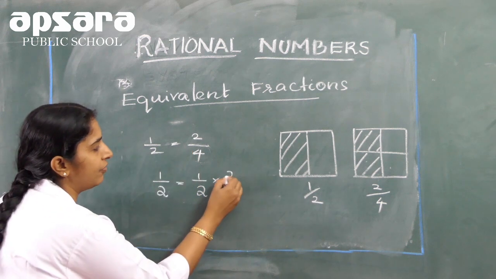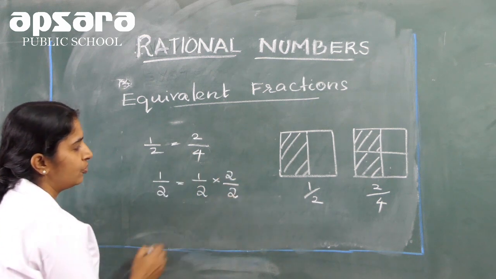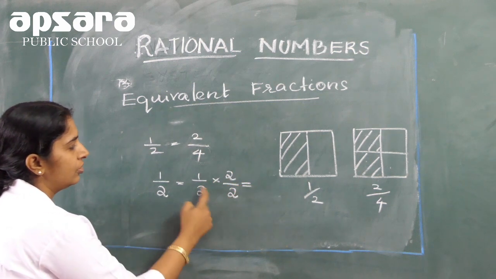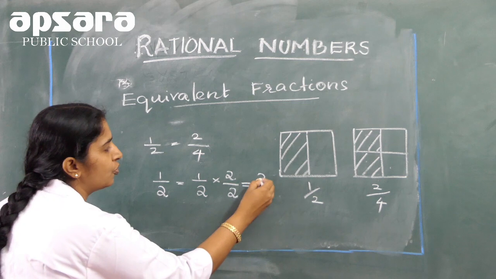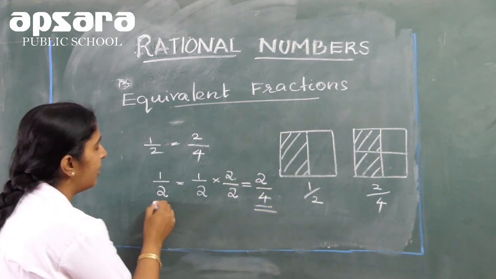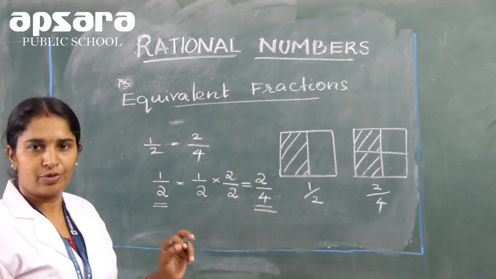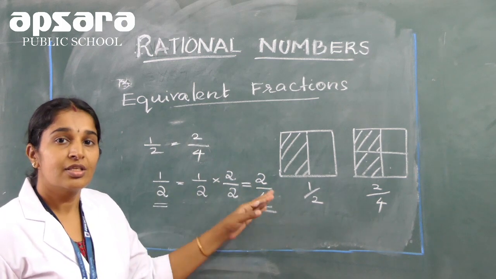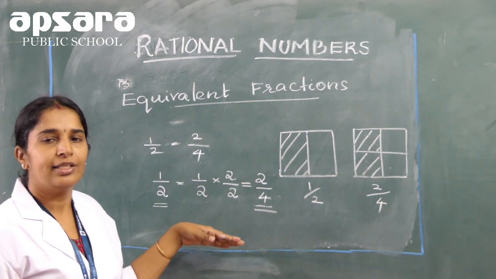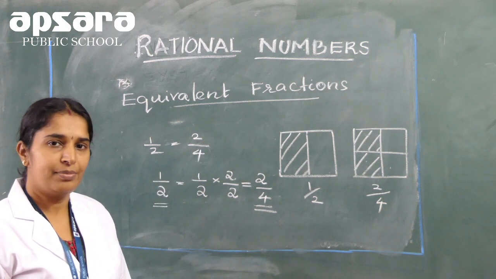So if you multiply with 2 by 2, 1 by 2 into 2 by 2 is equal to, what is 1 into 2? It is 2. 2 into 2 is 4. So 1 by 2 is equal to 2 by 4. So equivalent fractions can be obtained by multiplying both the numerator and denominator by the same digit.